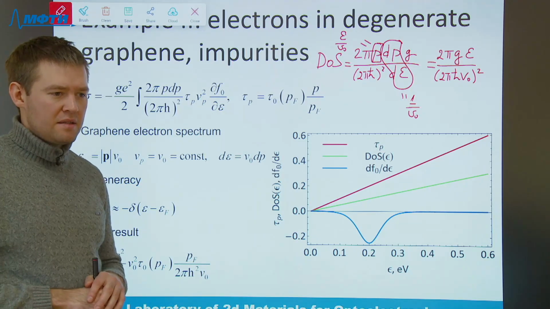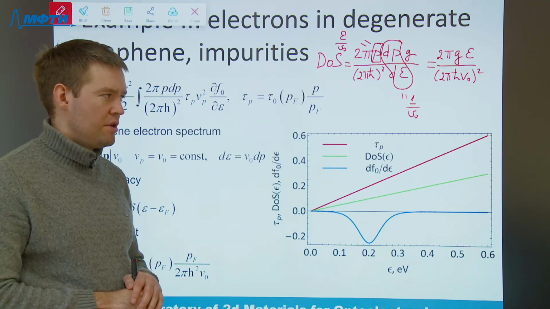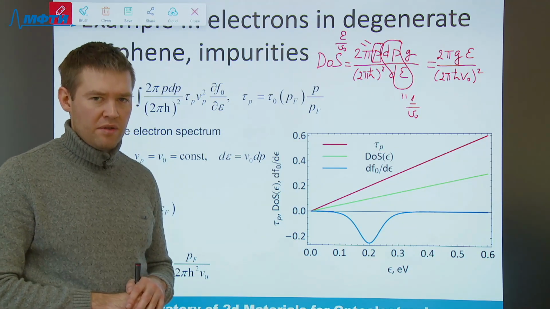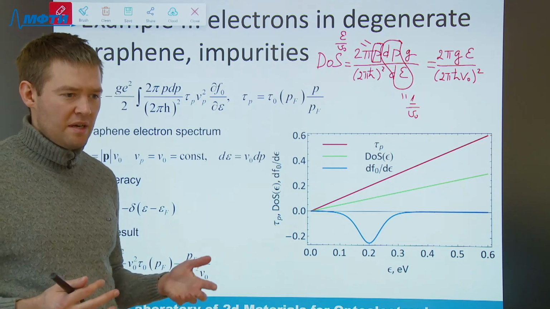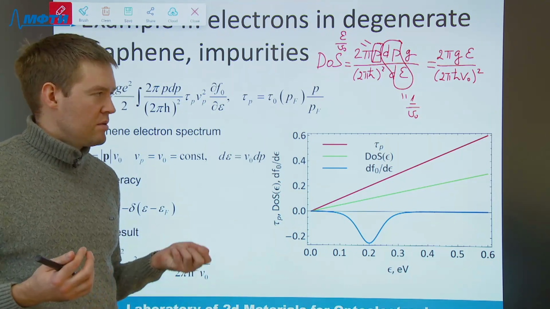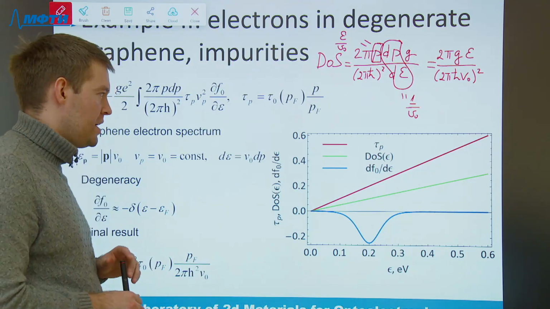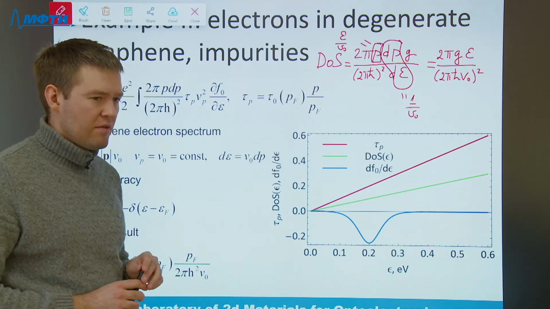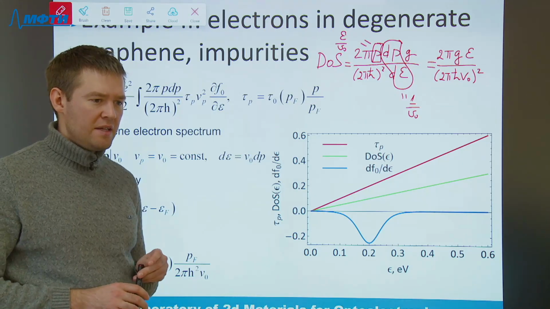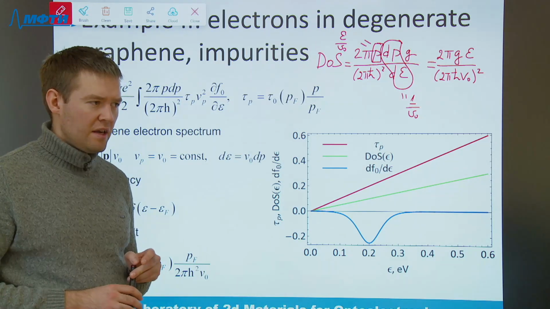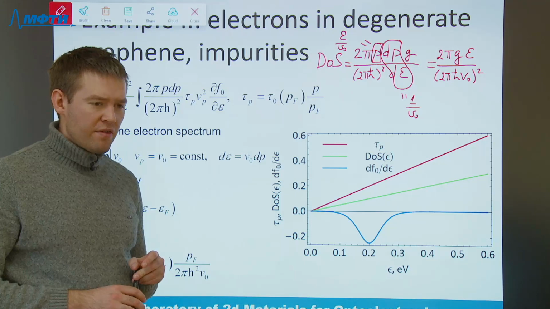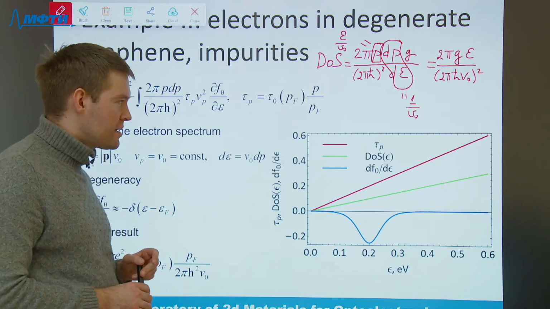Its dependence on temperature can be similar to that of metals: if you heat the sample, the resistivity goes linearly with T in a wide temperature range. But the dependence of conductivity on carrier density in graphene is different from that in metals.